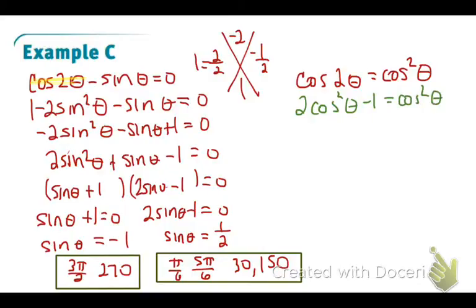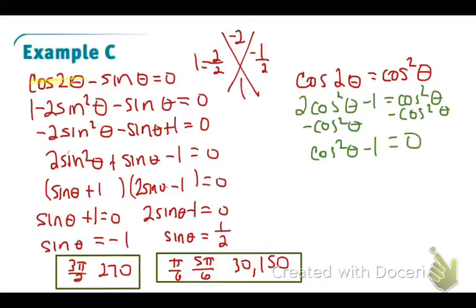Now, you guys, the cosine squared thetas are like terms, so we need to combine them. So we're going to move this one to the other side as a negative cosine squared theta. I'm going to put it right under this one. And so 2 cosine squared theta minus a cosine squared theta would leave us with 1 cosine squared theta, and then minus 1 equal to 0.